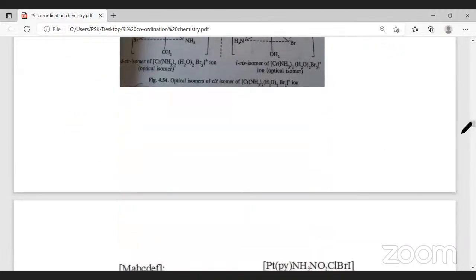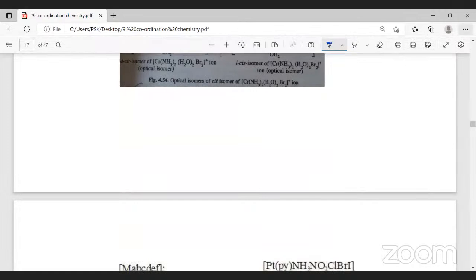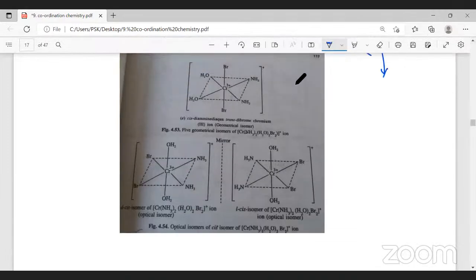Now, example, you observe this. I'll write it here. Chromium, NH3 twice, H2O twice, and Br twice, with a plus charge. This is the complex. The coordination number is 6, so the structure is octahedral.